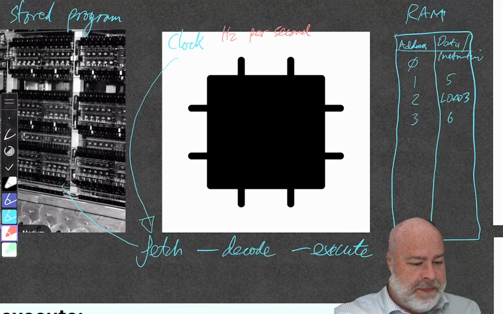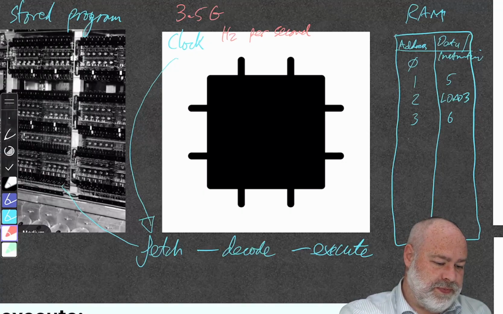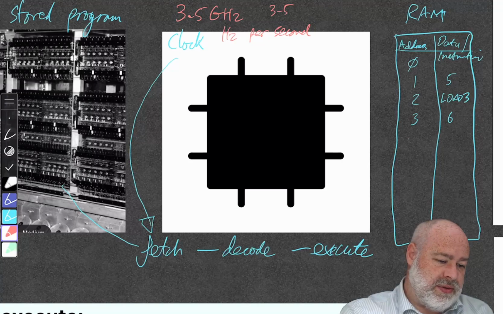And typically you might find, let's just say a modern computer might be 3 gigahertz or 5 gigahertz, 3 to 5 gigahertz. So that means it can carry out between 3 to 5 billion cycles per second.